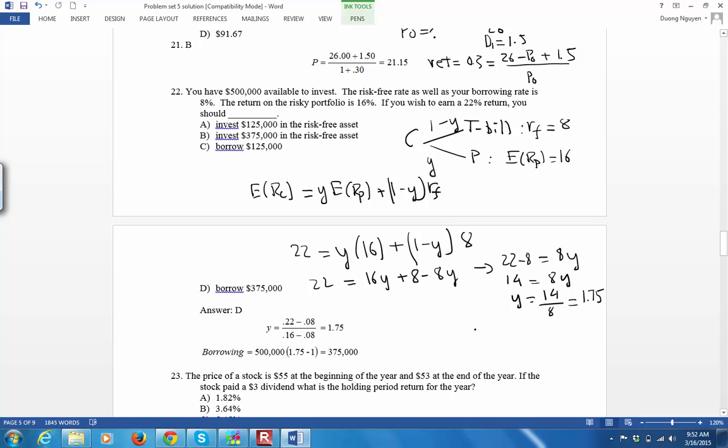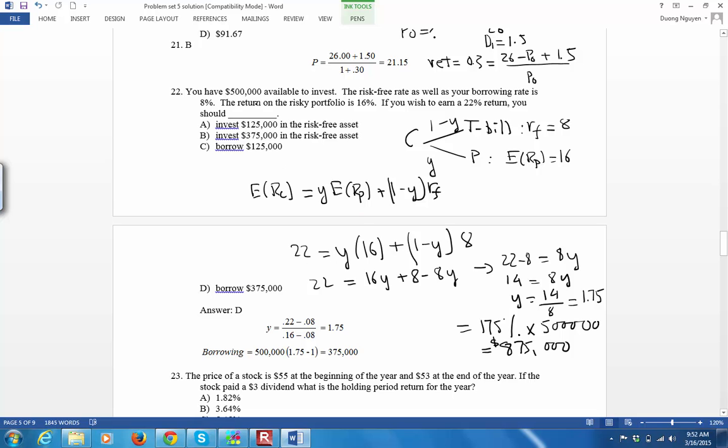So what it means is the investor has to invest 175% of his money into P, 175% times $500,000, which is equal to $875,000. So you have to invest $875,000 into the portfolio P in order to get 22% return.